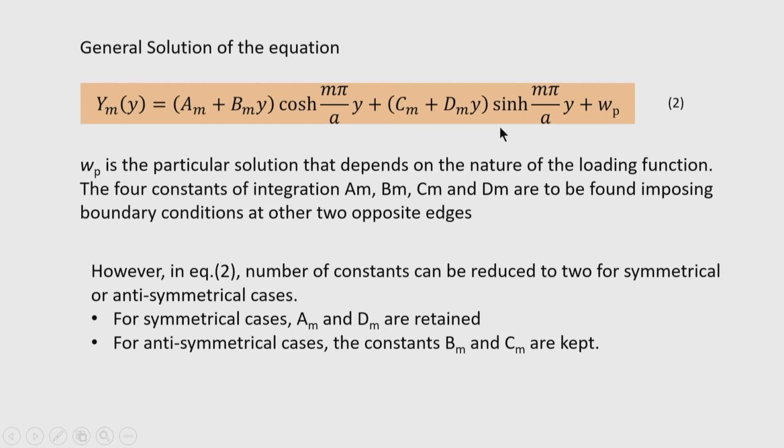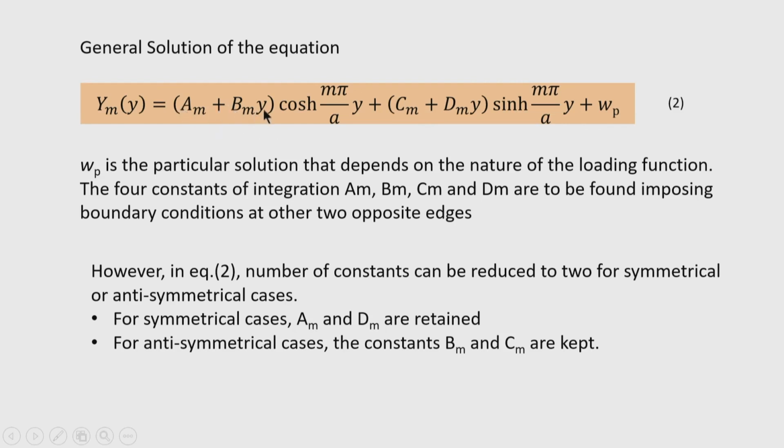And if antisymmetry exists in respect of loading, that means on one side the loading is plus q, on the other side the loading is minus q and it varies linearly with 0 value at the center, then it is an antisymmetric loading. In case of antisymmetric loading, we can take only the antisymmetric terms.